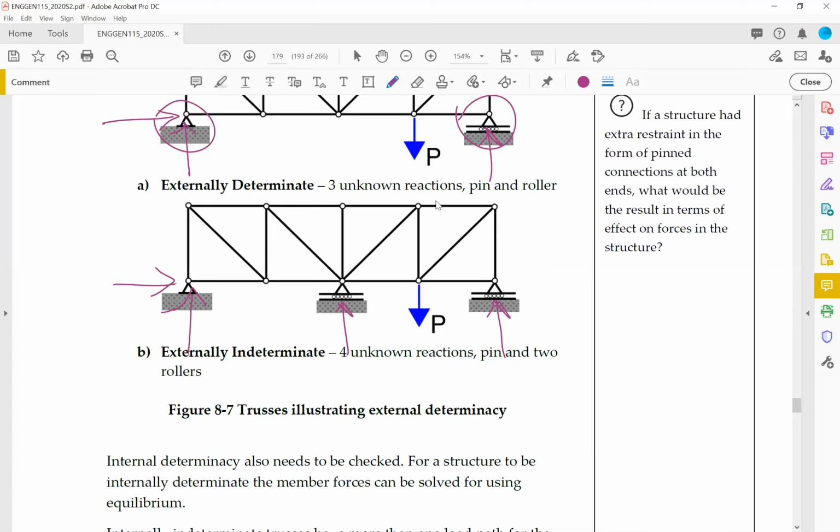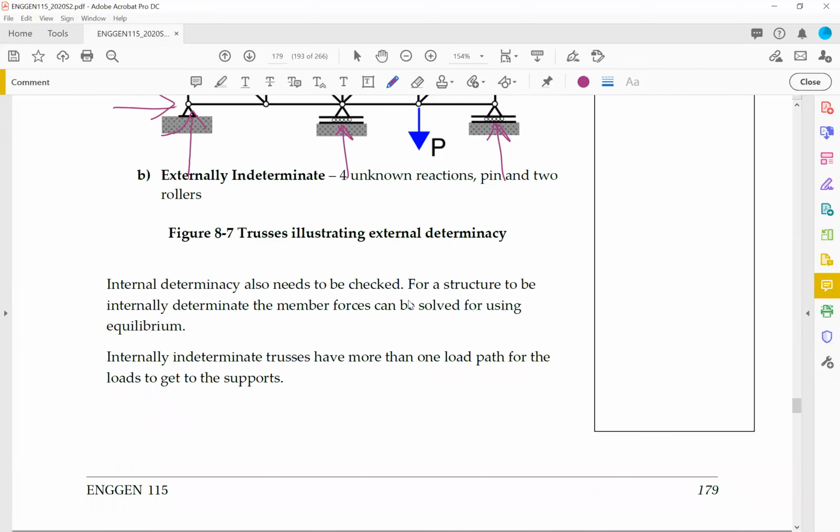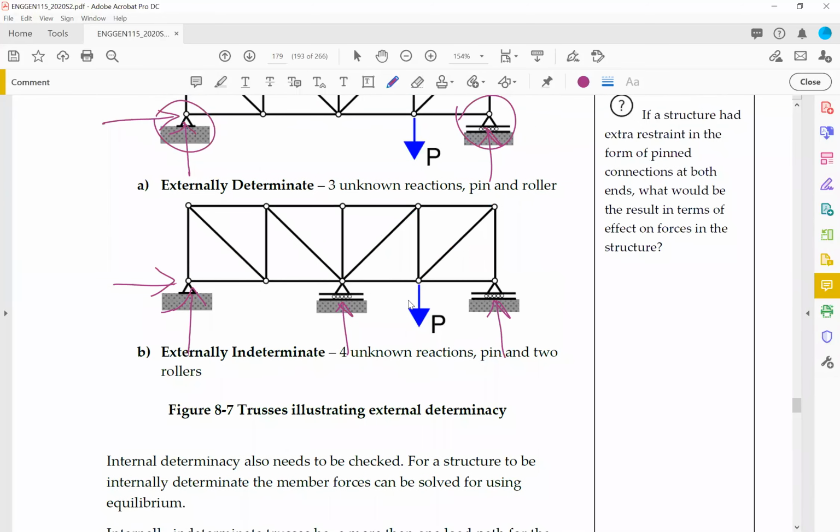So that means we're going to have to do some more complicated maths, like simultaneous equations, which we don't want to do this year. So when we have too many reactions, that means we are externally indeterminate, or your truss is externally indeterminate. When we only have 3 reactions, that means we are externally determinate, which is good.